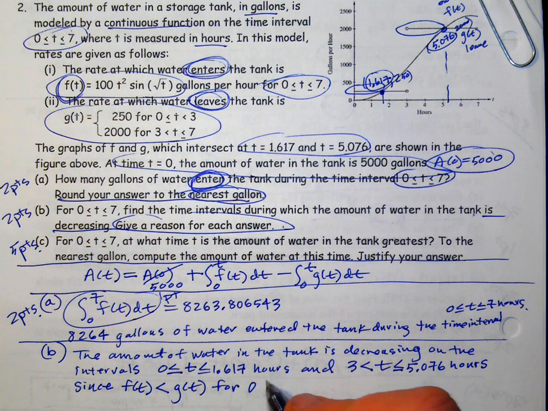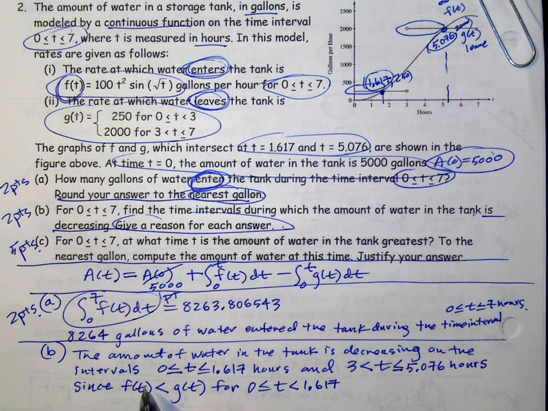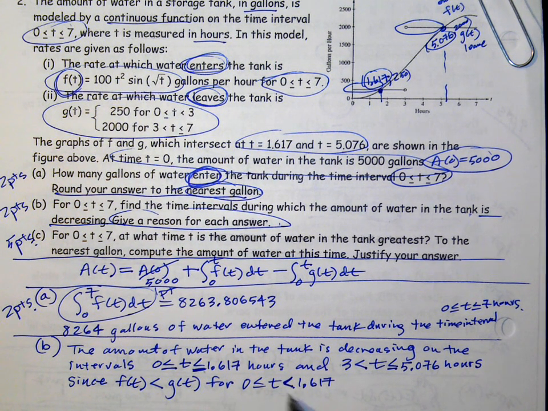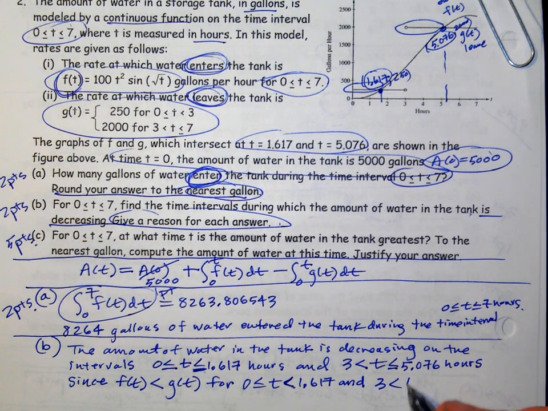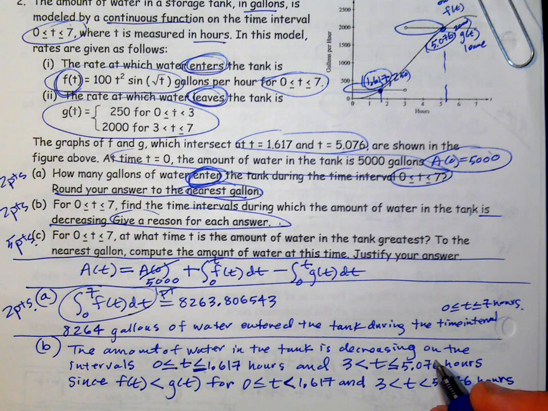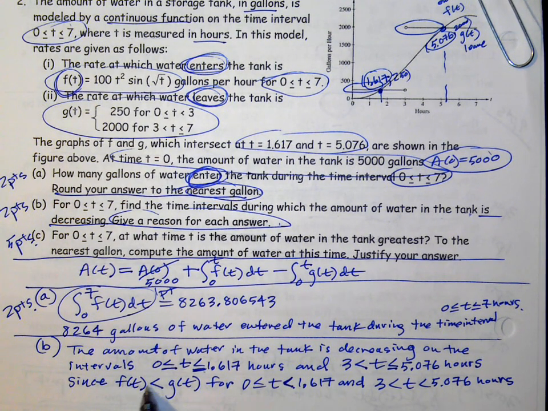So I would say 0 to 1.617. Now, F(t) is not less than G(t) at 1.617. They're actually equal. So even though I say it's decreasing there because we include the endpoints, I don't say it's less than there. And 3 to 5.076. And again, I don't include 5.076 for saying that F is less than G because they're equal.